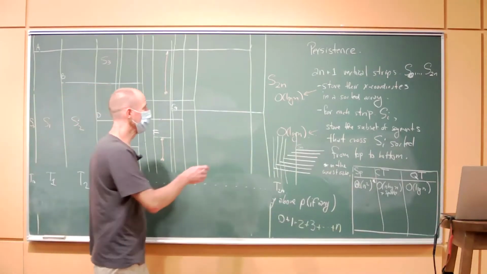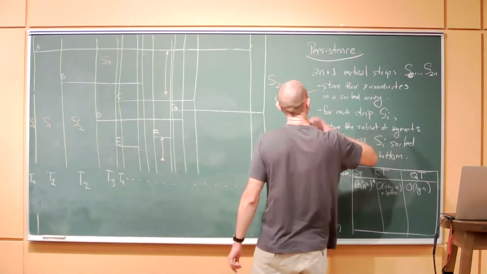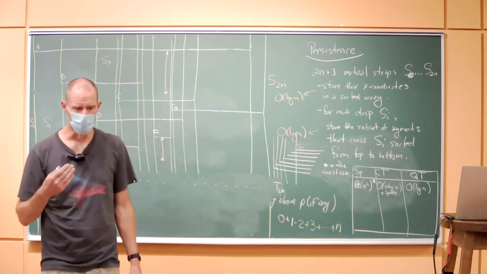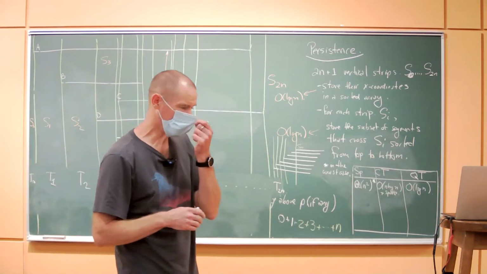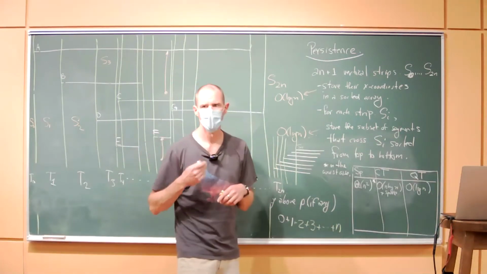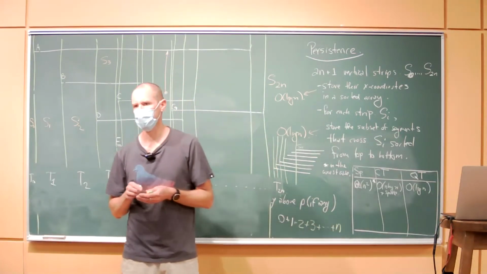So that's this notion of persistence: you take a data structure, like a binary search tree, that changes over time, and you ask the data structure to remember all of its previous states so that you can go back and search in those things later.